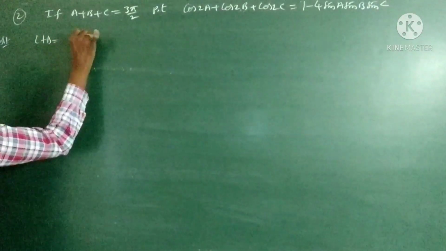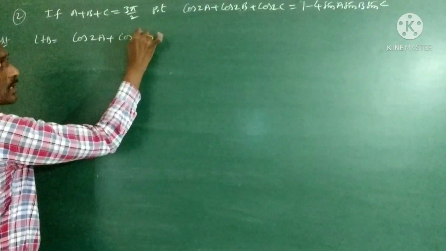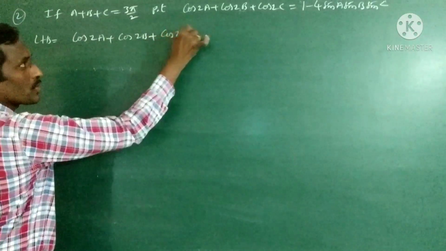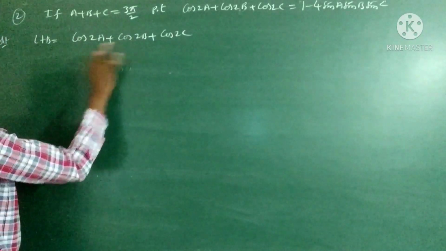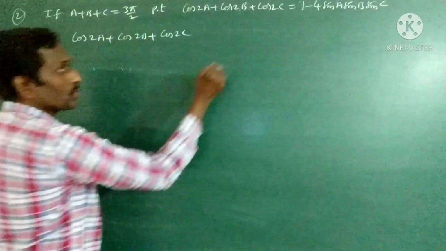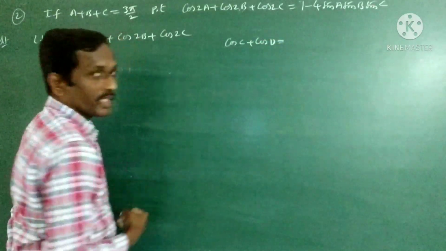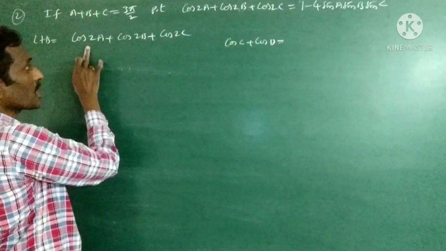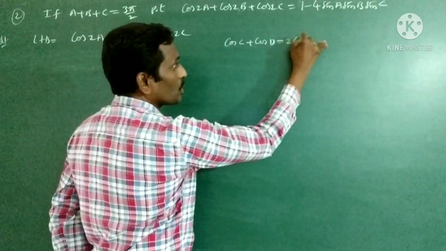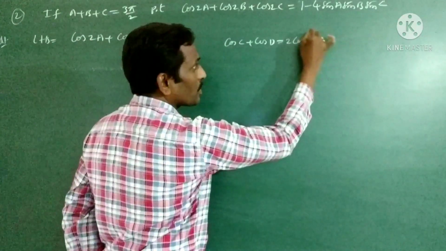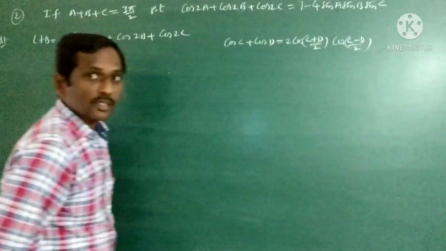What is the problem here? Cos 2a plus cos 2b plus cos 2c is the problem. So apply the steps. First step, CD formula. So what do we have here again? Cos C plus cos D only we have now, because cos function plus cos function. So what is the formula? 2 cos of C plus D by 2 into cos function of C minus D by 2 is the formula now.